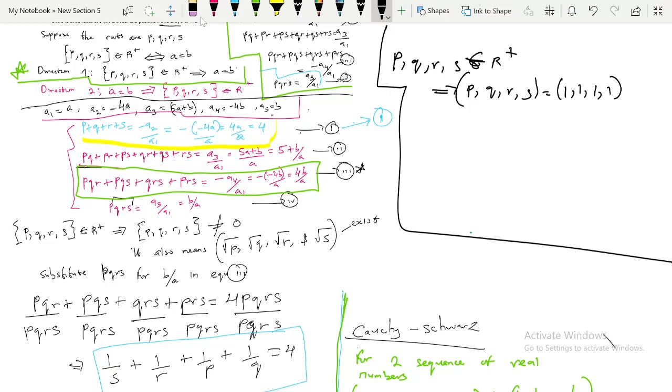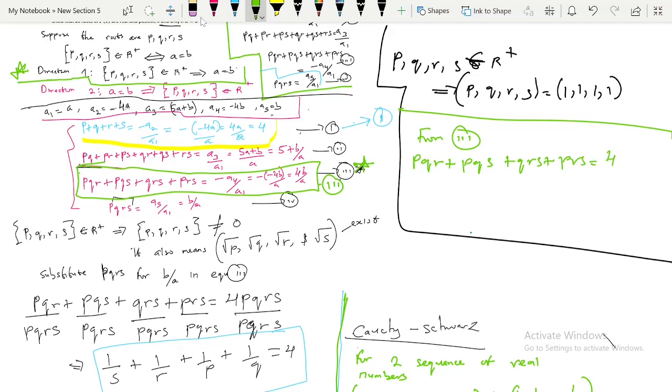Next we'll come back and plug in. If P, Q, R, S are one, you come to equation 3 and say, okay, fine, we know what P, Q, R, S has to satisfy this equation. So from equation 3, the one I boxed in green earlier, we know that PQR plus PQS plus QRS plus PRS equals 4B over E, right?